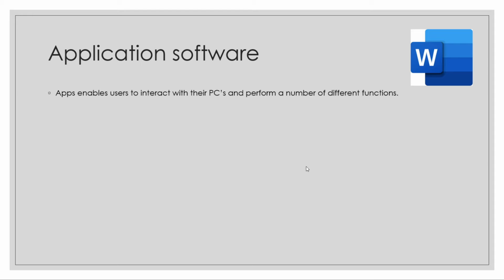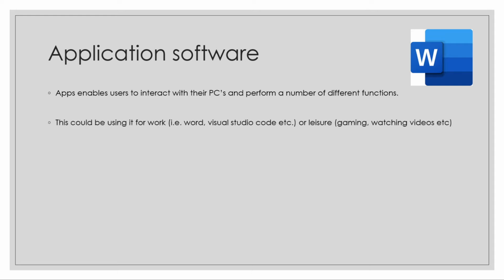Application software, like I've said before, enables apps to interact with the PC and do a lot of different things. Word's one of them, but there's all sorts. You can use it for work, like Word or Visual Studio Code if you've been using that for coding, whereas for leisure, like gaming or watching videos, you can do that as well.